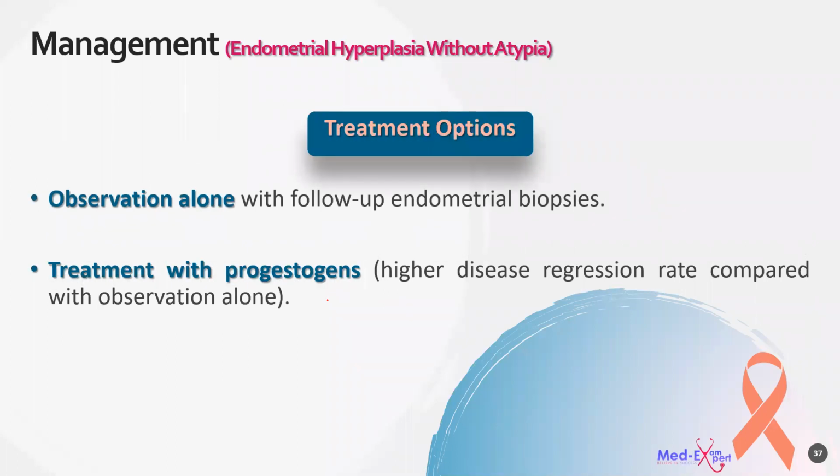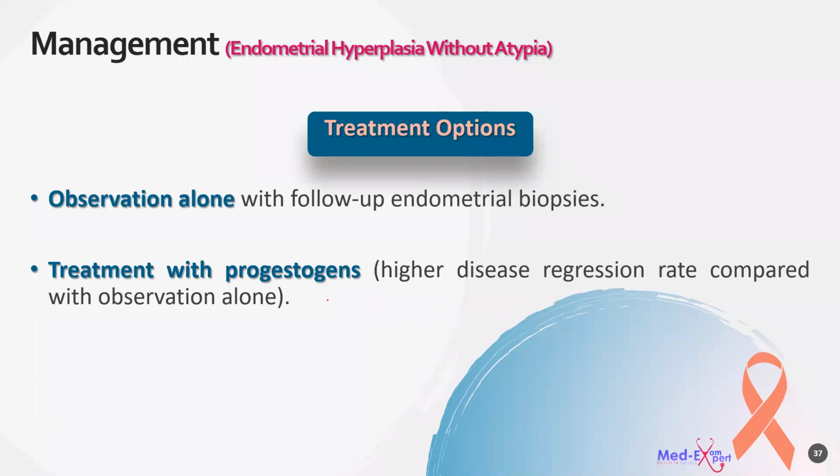Now, what are the treatment options? For endometrial hyperplasia without atypia, we have two modalities. Either observation alone without any treatment, just observation and follow-up by endometrial biopsies, and the second option will be giving progestogens.